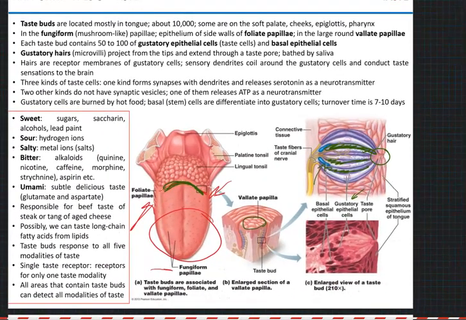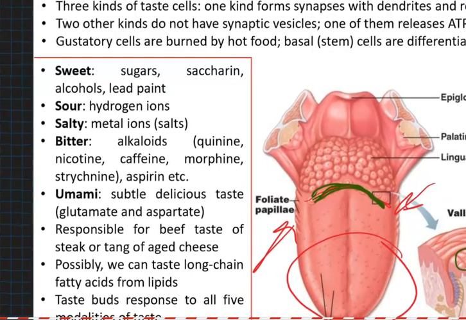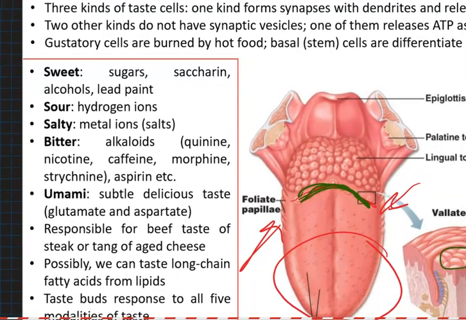We're going to talk about how sensation is formed, but I want to talk about different types of taste sensations. So sweet, everybody knows the sweet taste. What is the evolutionary importance of a sweet taste for our ancestors 1 million years ago?